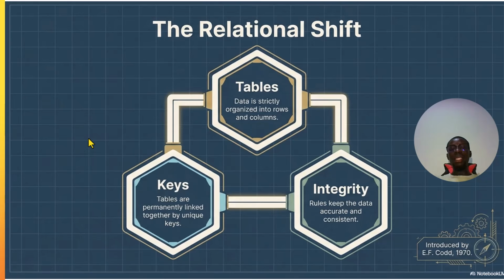The same thing keys do over here when it comes to relational database. We have a table. The table contains the data, and then we have keys. Those keys allow you to access the data that are in the table. And then the integrity, they are the rules governing how you arrange things in your table. Hope we get this point.